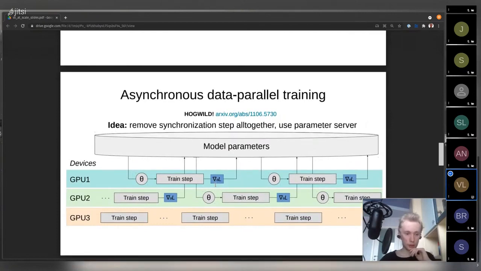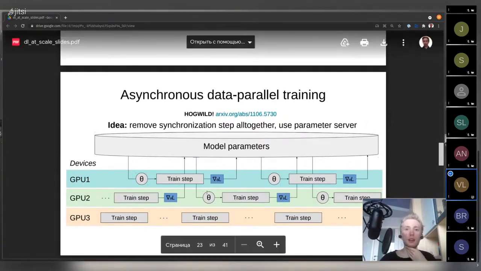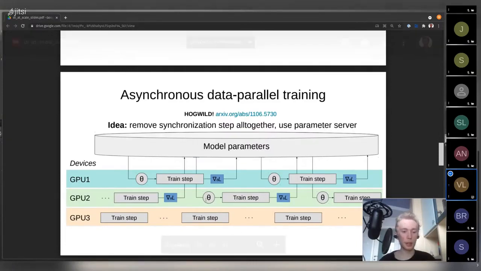It wouldn't be computing the same gradient twice, because the GPU always does take into account its previous steps. So GPU 2 always takes into account the previous step of GPU 2. It might have skipped a step of GPU 1 or GPU 3. That might happen.